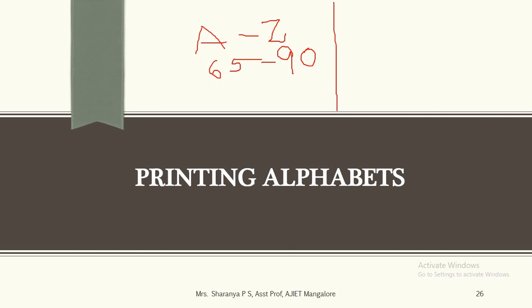If it is a lowercase letter, a to z, it ranges from 97 to 122. We should be clear about these values, so that it is easy to work with printing the patterns. So this is how the ASCII values range for the capital letters and for the lowercase letters.